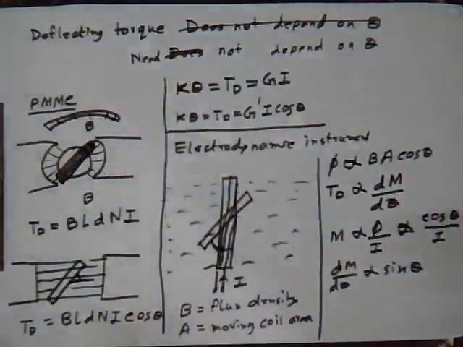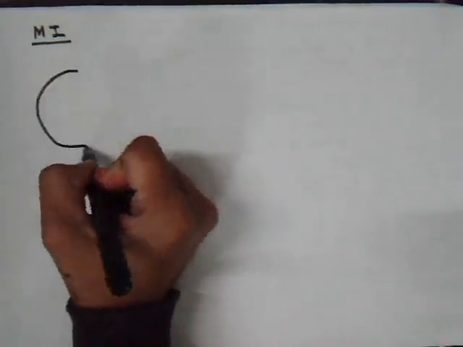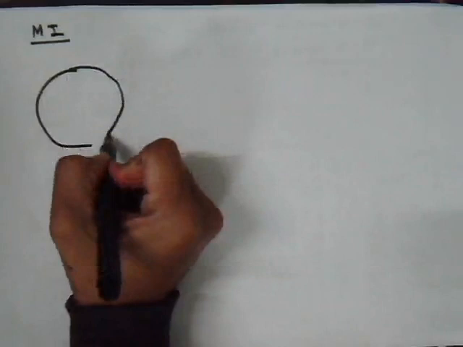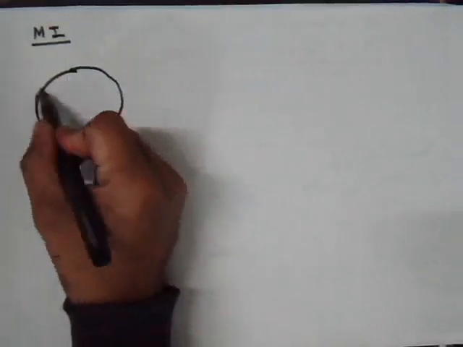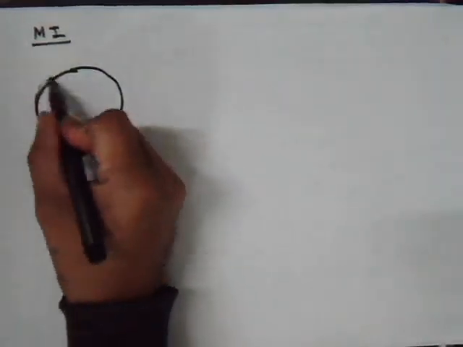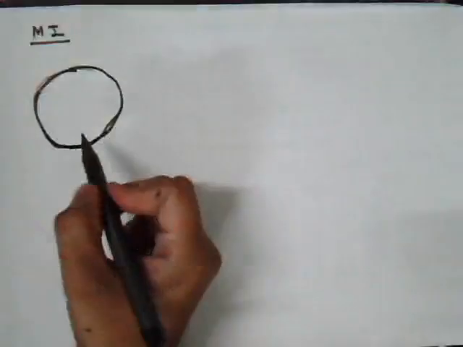Next, let us consider now the third type of instrument that we discussed, that is the moving iron instrument. And let's, for example, consider one particular construction of moving iron instrument, which is a repulsion type instrument. So we have a coil like this. We are looking from the top of the coil.